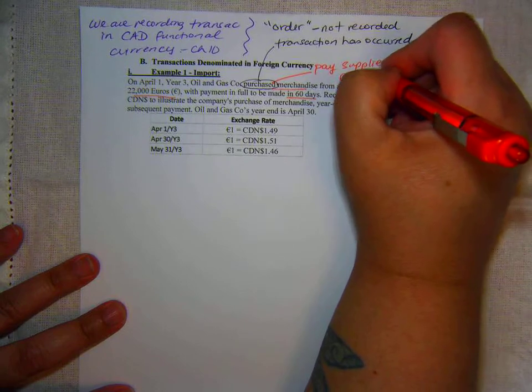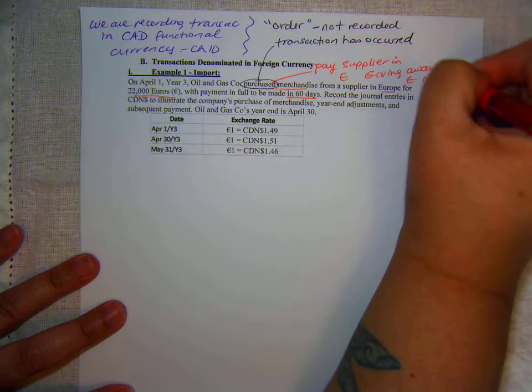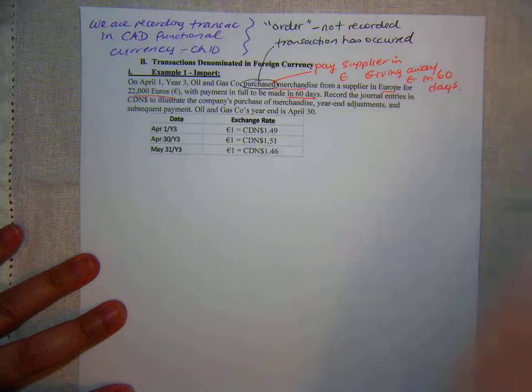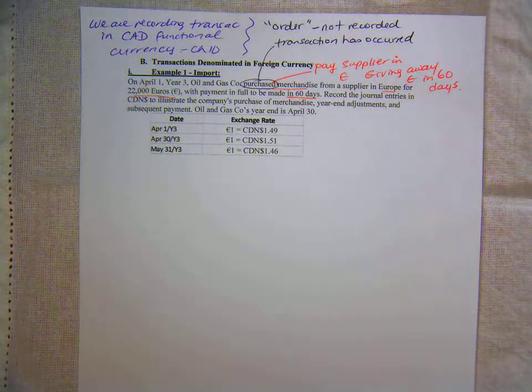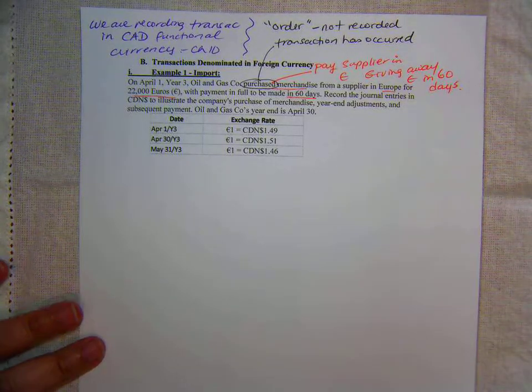So we're giving away euros in 60 days. It's really important with these that you know whether you're giving away euros or you're getting euros, or whatever currency we're in. So be careful with that.